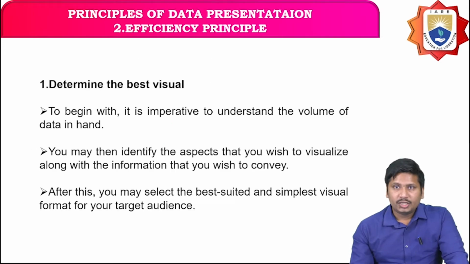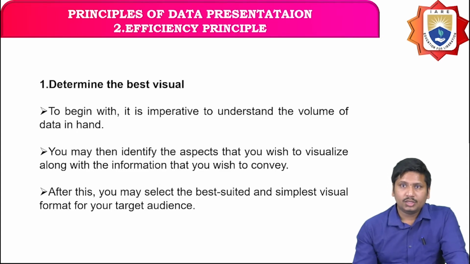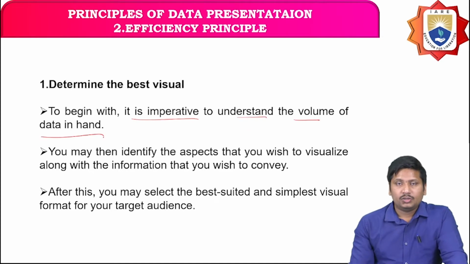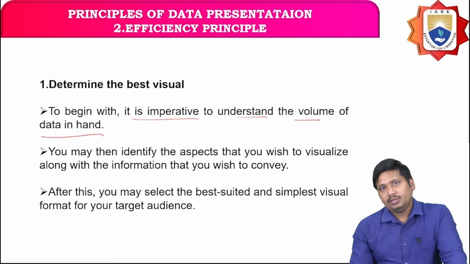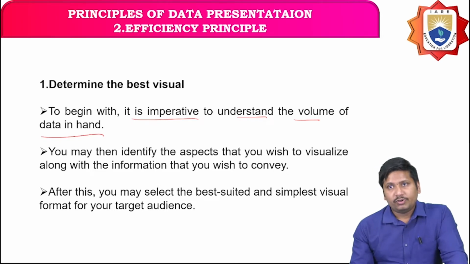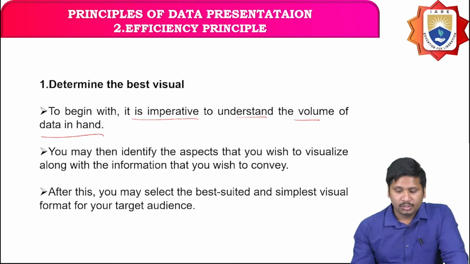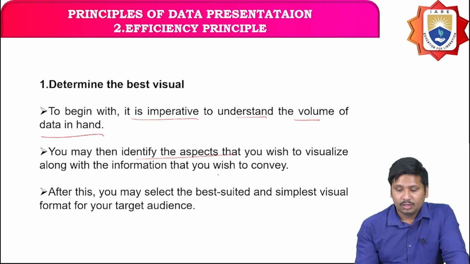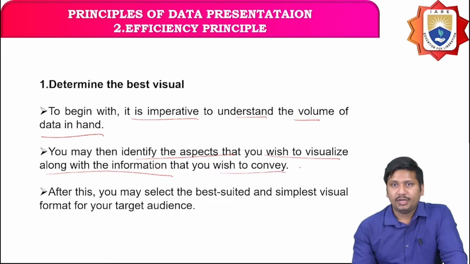The first one is determine the best visual. To begin with, it is imperative to understand the volume of data in hand. In order to make a better visualization, first of all you have to understand how much data you have, and then identify the aspects that you may wish to visualize along with the information you wish to convey.